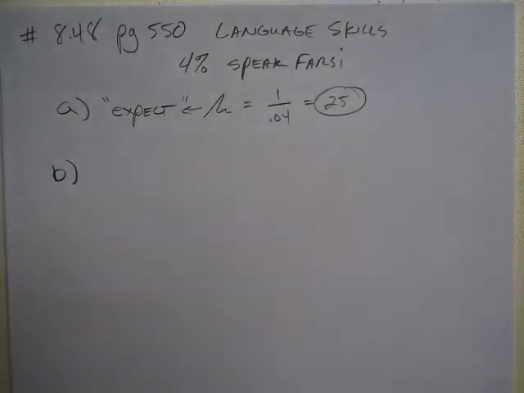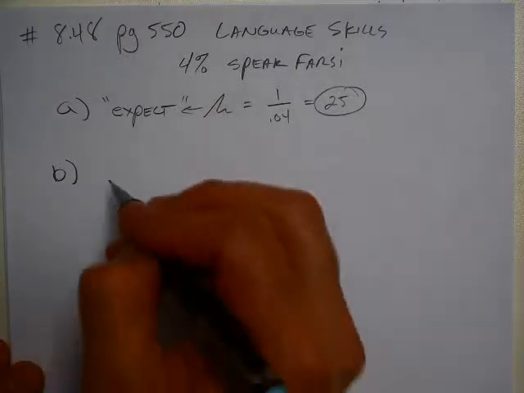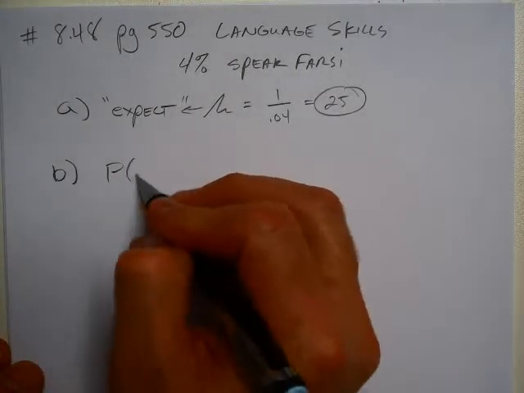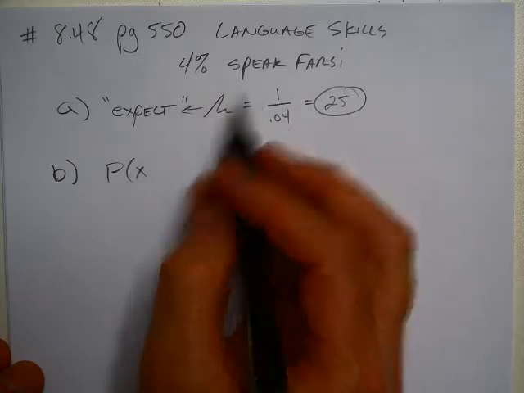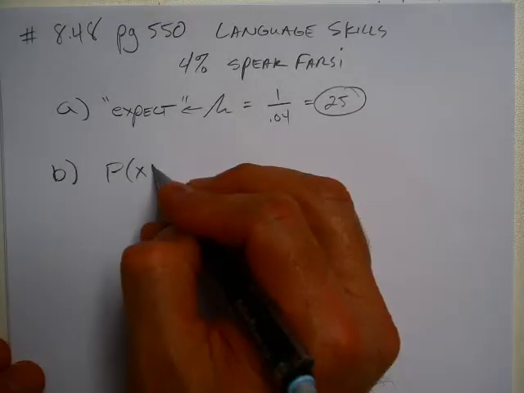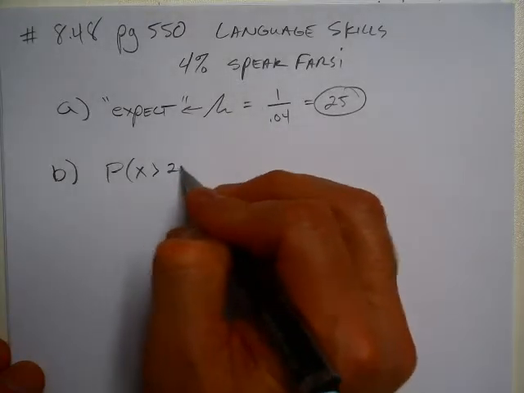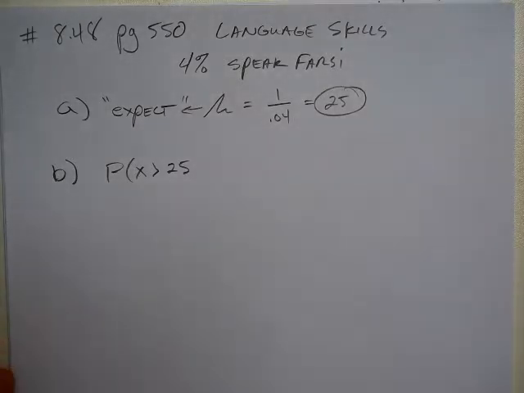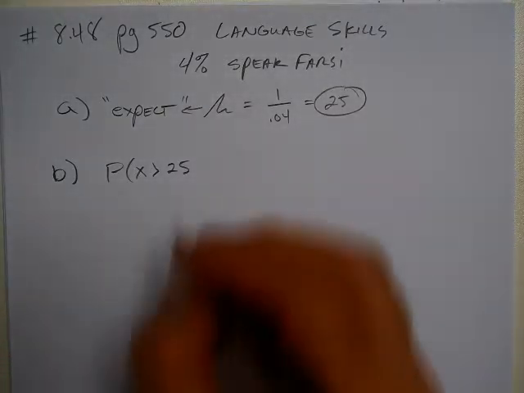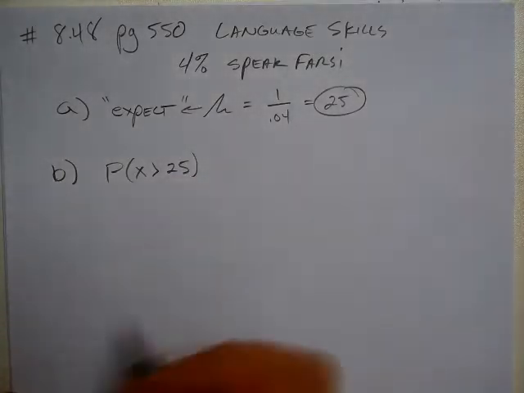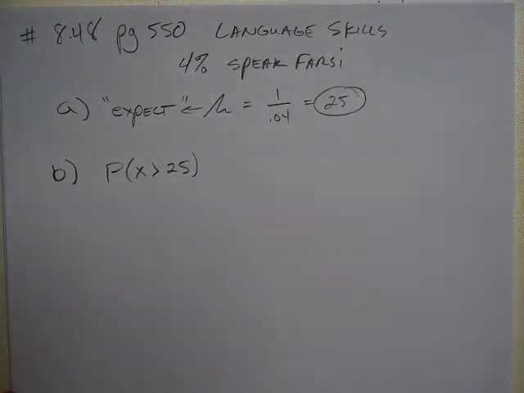B says, what's the probability that the first Farsi speaking person occurs at a number greater than 25? Now we're used to doing 1 minus stuff, 1 minus the binom probability. You can't do that here.